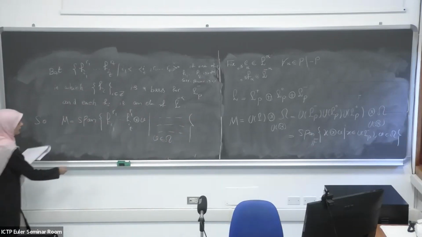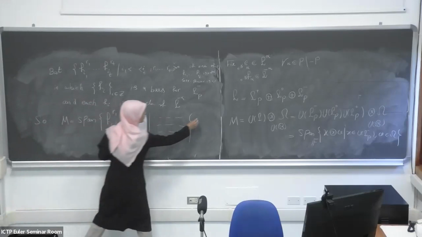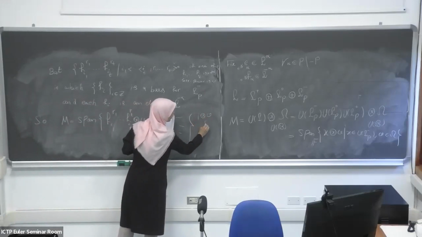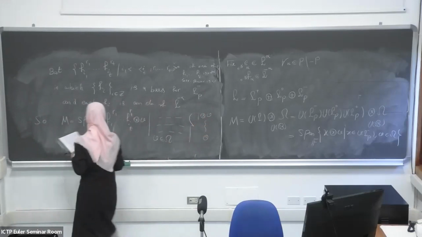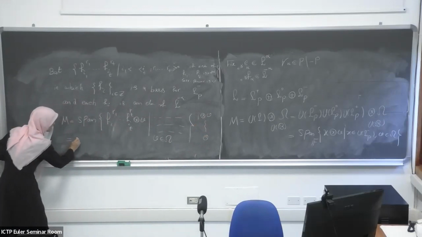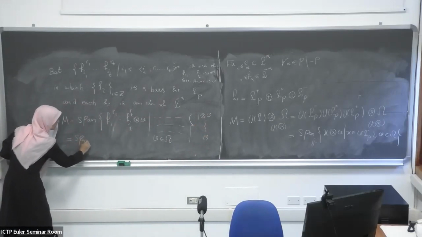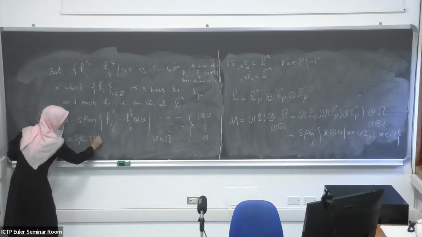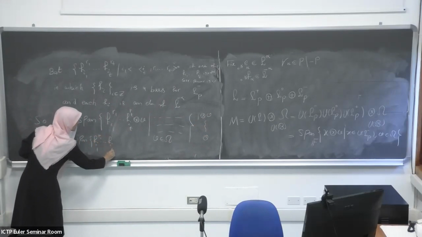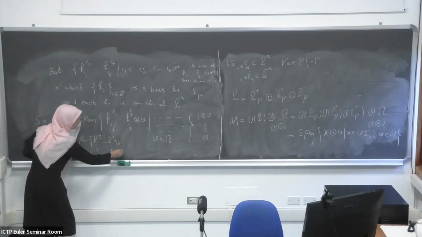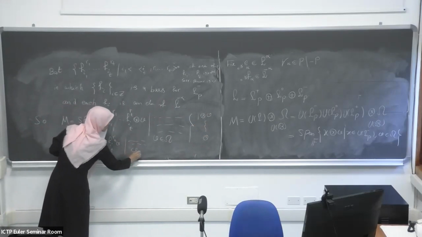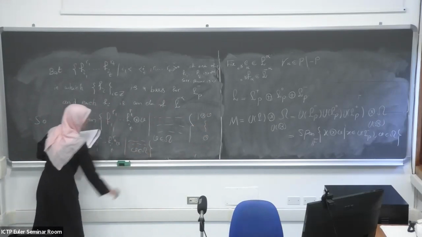And we can identify one tensor V with V, so we have this span of Fi1 R1 ... FiT RT V, which is then an element of omega.